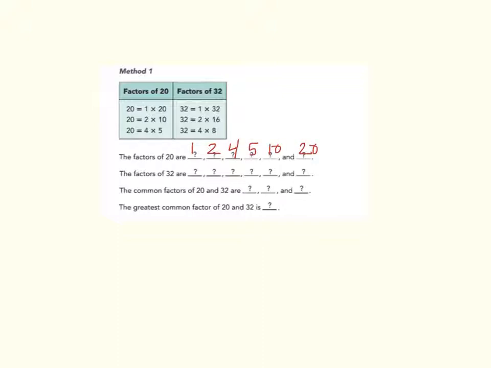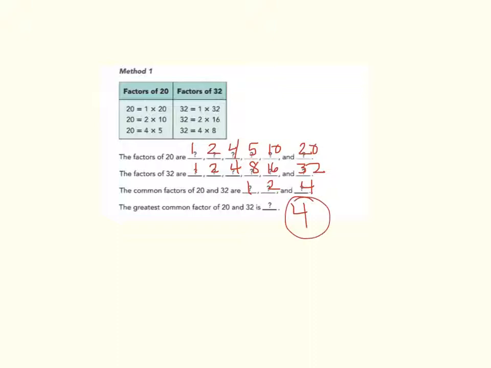The factors of 32 are 1, 2, 4, 8, 16, and 32. The common factors of 20 and 32 are 1, 2, and 4. The greatest common factor is 4.